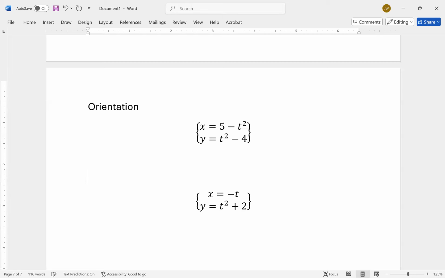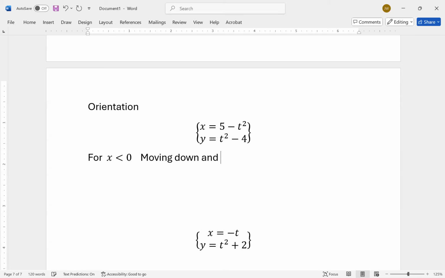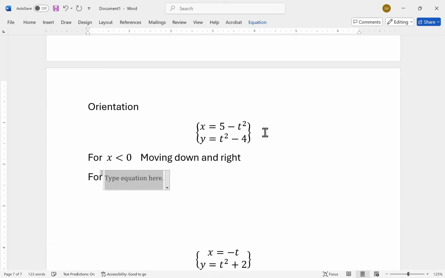So if we're looking at orientation of this first parametric curve, we have to say for x less than 0, for negative numbers, we're moving down and to the right. Once we hit 0, then we're moving back up and to the left.